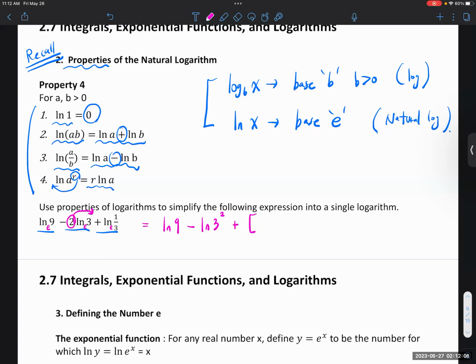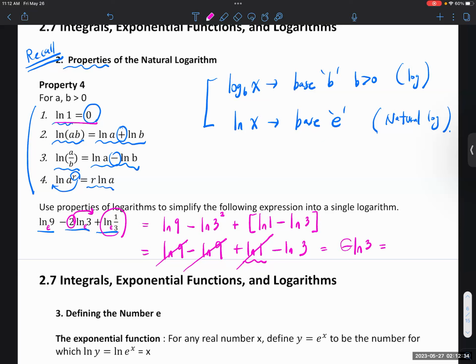And then ln 1 over 3, you can subtract ln 1 minus ln 3, correct? And then let's rewrite it. ln 3 to the second is going to be 9. It is ln 1 minus ln 3. They're going to cancel. Ooh, what did I say, ln 1? It's a 0. So 0 minus, this is a 0. We have ln 3.